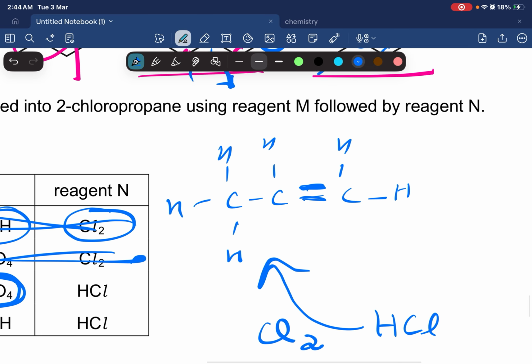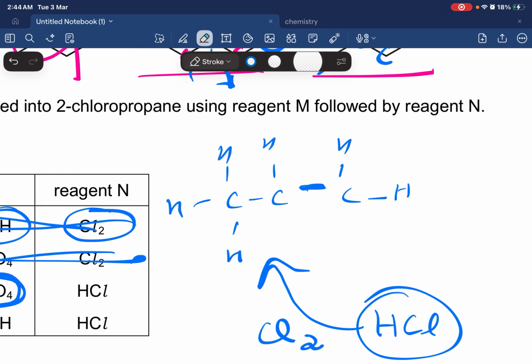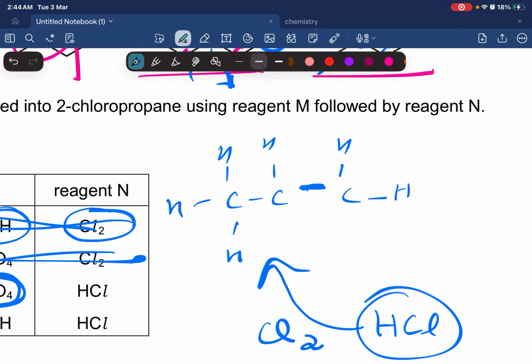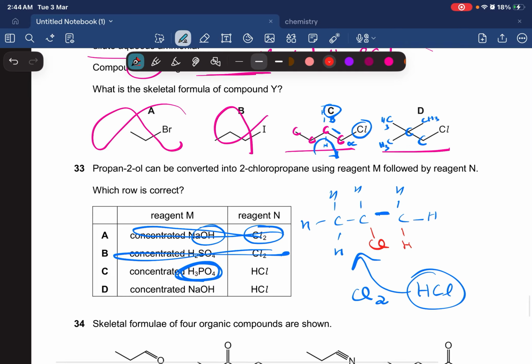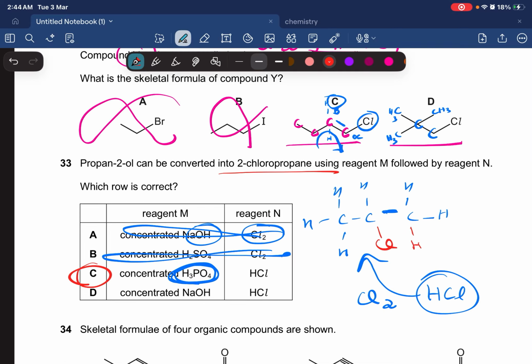This alkene undergoes electrophilic addition, because this double bond is going to break, and H is going to be attached here and Cl is going to be attached here, and now you form 2-chloropropane. So it's this. Why use H3PO4? Because any strong acid can do your dehydration work. Like if you want to remove the OH, you want to do the dehydration, any acid can do it.